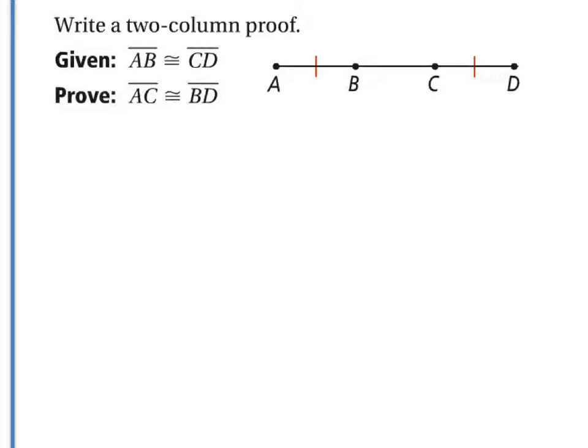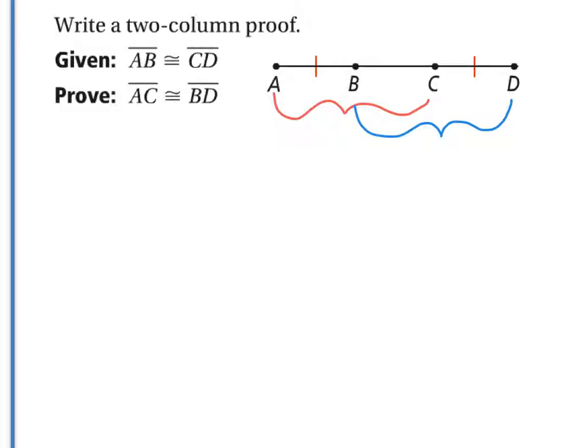But refer back to the proof that's right next to it. It's talking about angles, but it's kind of the same concept as what we're doing here. AC is that line segment. BD is that line segment. Any ideas how we might go about this?